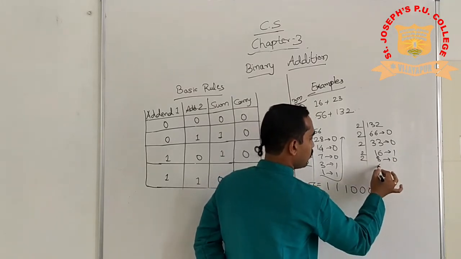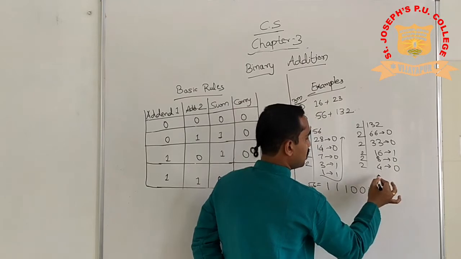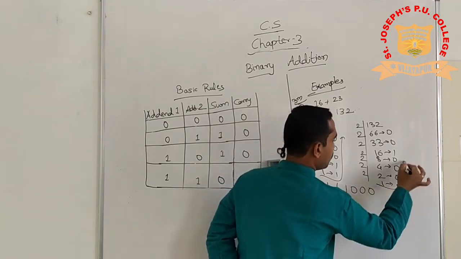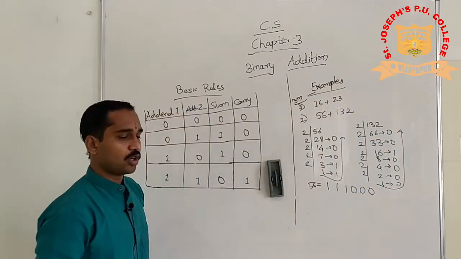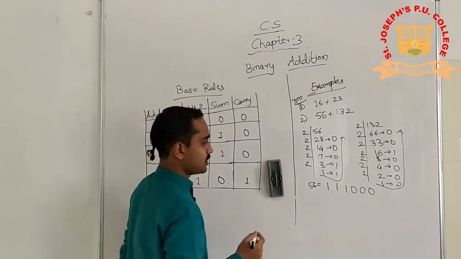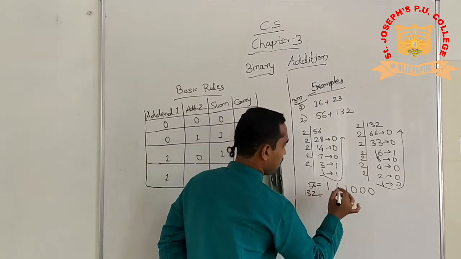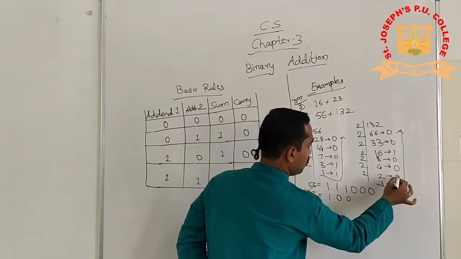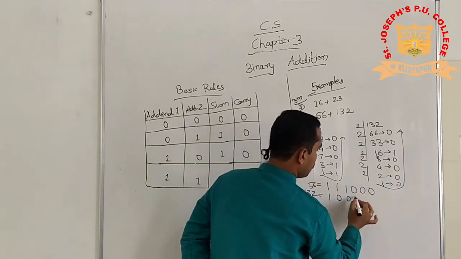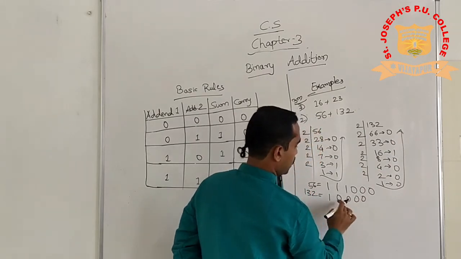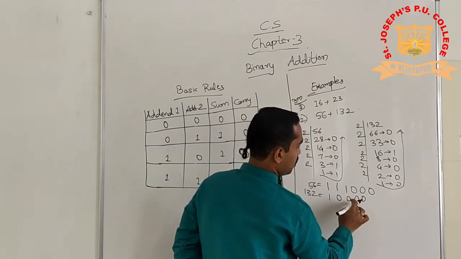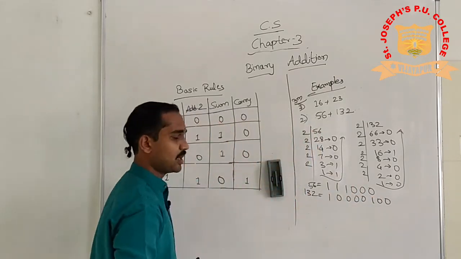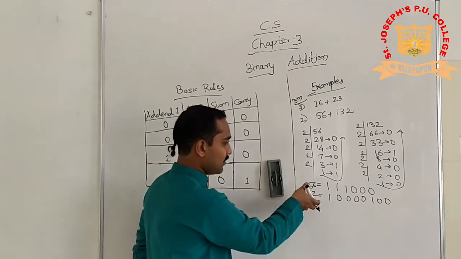Then 2 4s are 8, 0 is the remainder. 2 2s are 4, 0 is the remainder. 2 1s are 2, 0 is the remainder. You cannot divide it further, take the remainders. So 132 can be written as 10000100. Am I right here? So this you have already got.